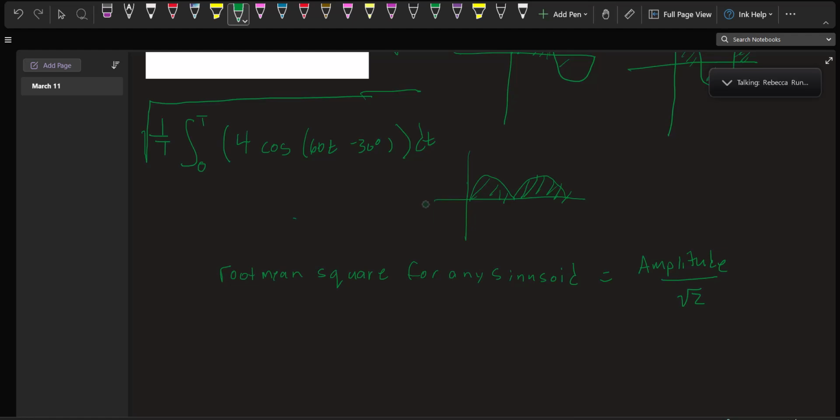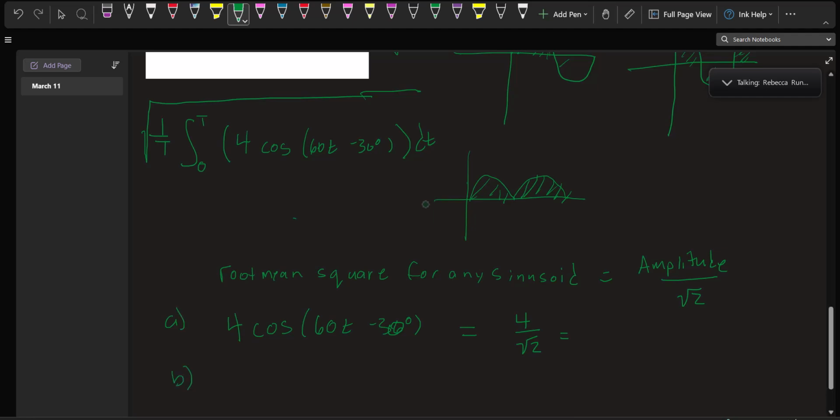And so if I want the root mean square of 4 cosine 60t minus 36, or was it 30 degrees? 30 degrees. I don't have to do all this work. I know the root mean square is just going to be 4 over square root 2, which is something. So that's A. That's all I have to do for A.